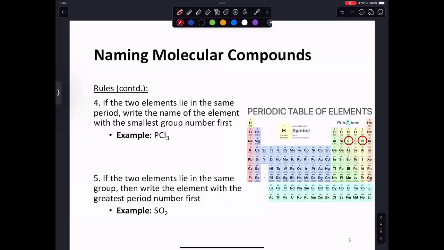Phosphorus here is in a smaller group number, so it comes first. Most of the time, we name molecular compounds as written in the formula. So let's name this together. Since we only have one phosphorus atom, it becomes phosphorus. And for chlorine, we'll say chlor and then IDE.